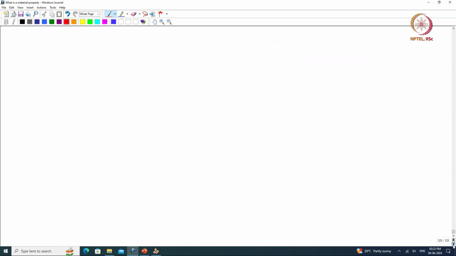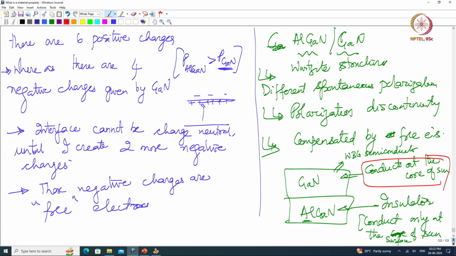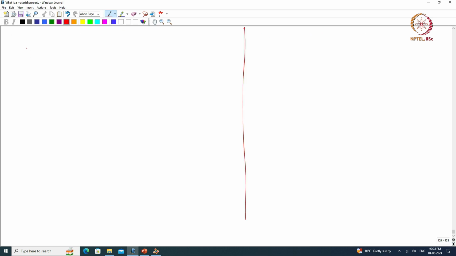Okay, so I have to create a new page. I put these two insulators on top of each other. Magically, right, I am creating some free electrons here. I put two slices of bread and magically the sandwich is created, right.